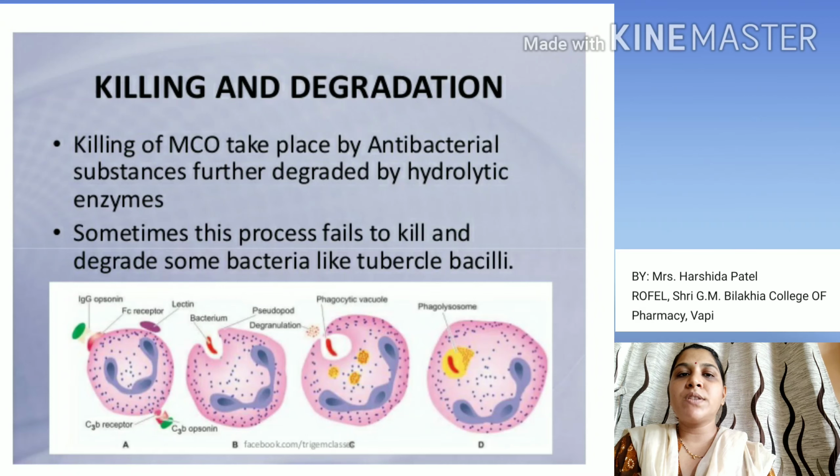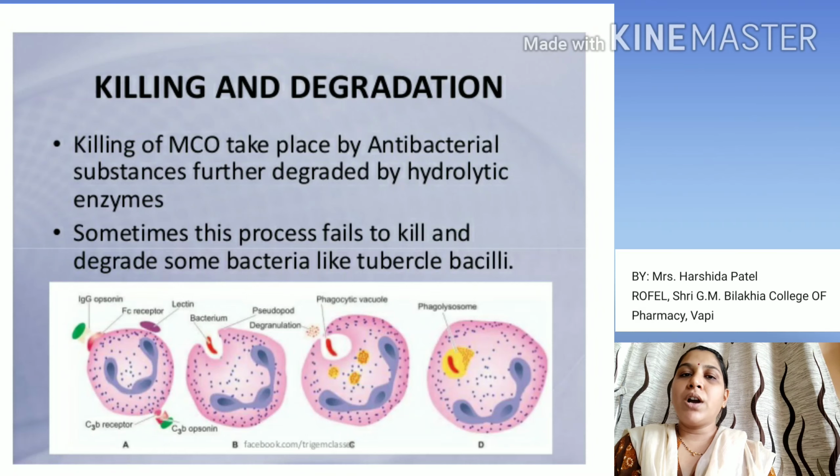Sometimes the process fails to kill, and the cells only degrade some bacteria like tuberculosis, so at that time the word degradation is used. Degradation can be done by various processes, some intracellular and some extracellular, which we will see in the next lecture.